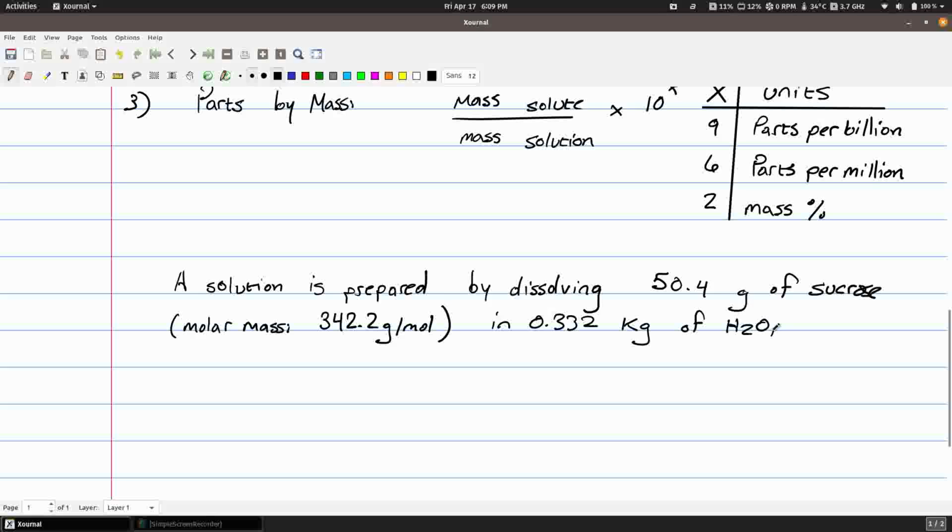So the final volume of the solution is 355 milliliters. Calculate the concentration of the solution in each of the following units.